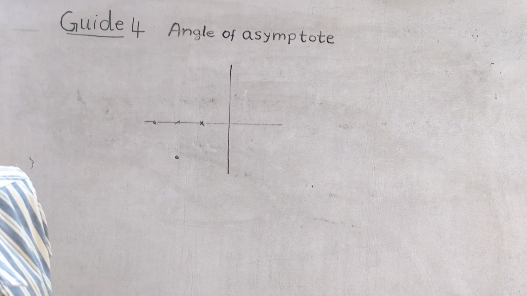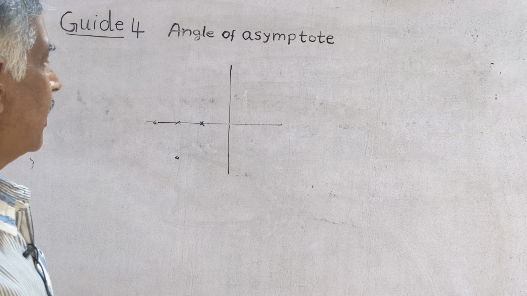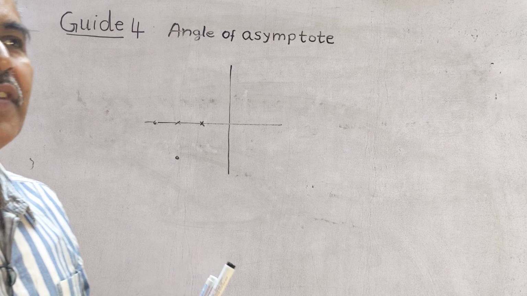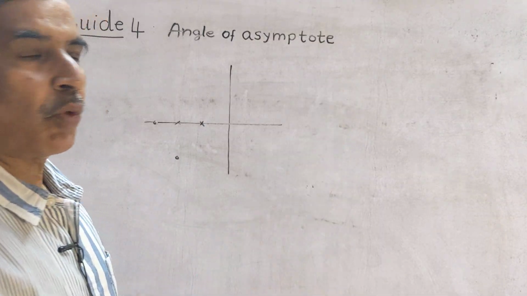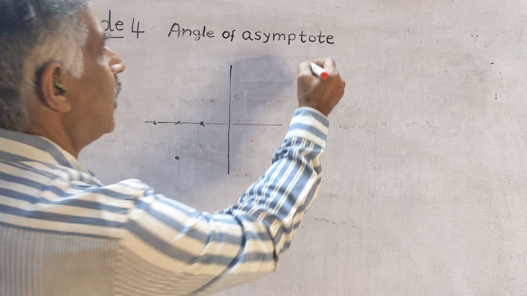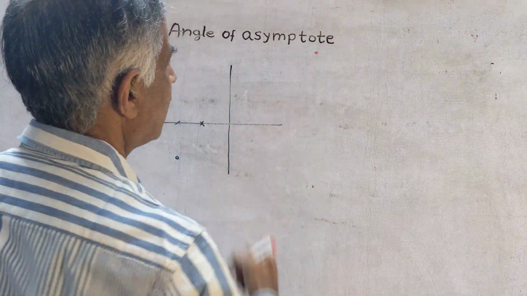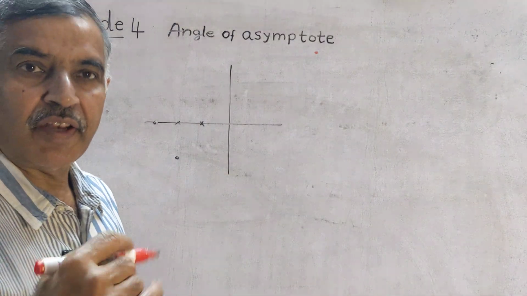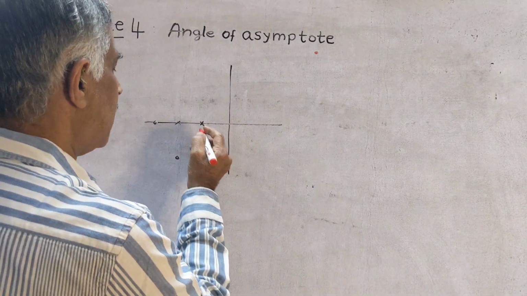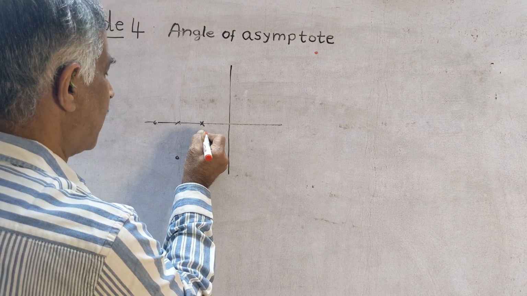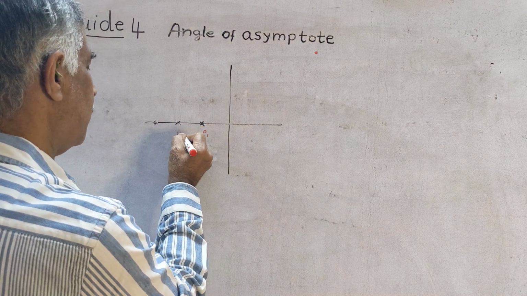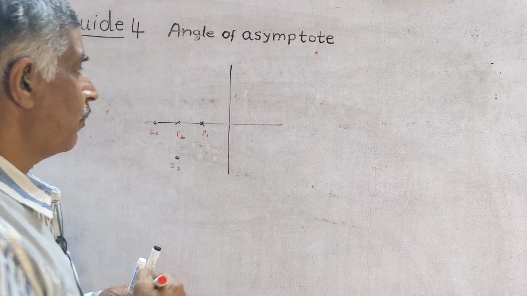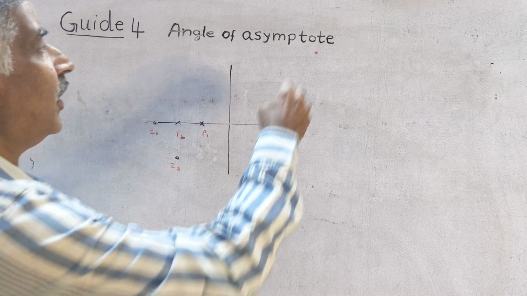When you take a set of poles and zeros, we are supposed to calculate the angle of asymptote, that means at what angle it proceeds towards infinity. Therefore, a trial point is to be taken at infinity. For example, this is a pole P1, this is a pole P2, this is a zero Z1, this is a zero Z2.